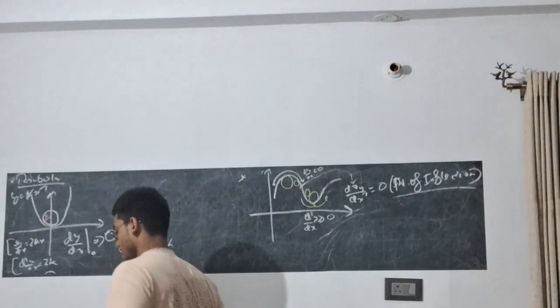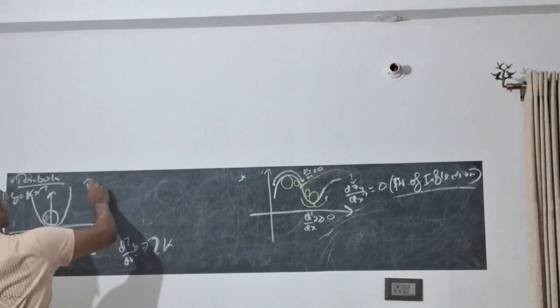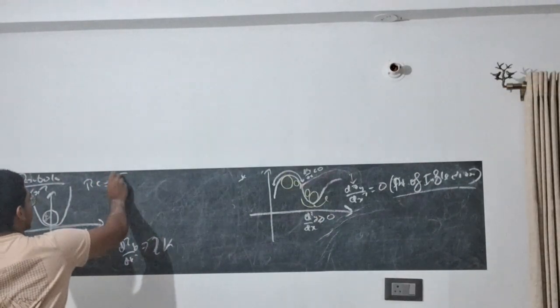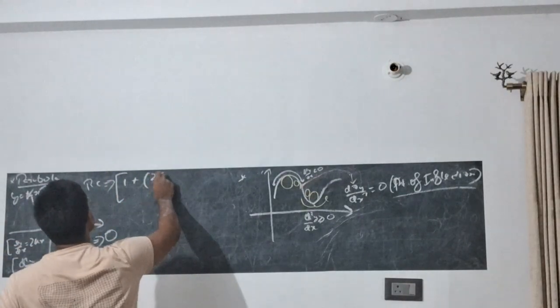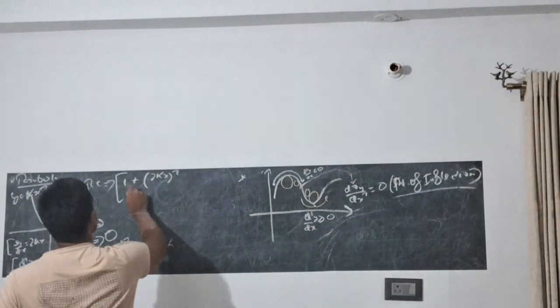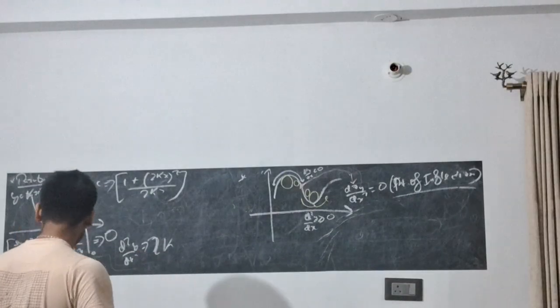It is already 2k. So now the formula of RC, with 2kx squared and 2k. This is the parabola.